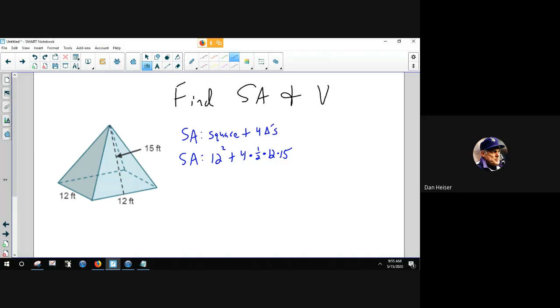And our surface area is going to be 144 plus, it's going to come out to be 504 square feet. Surface area, still square units.